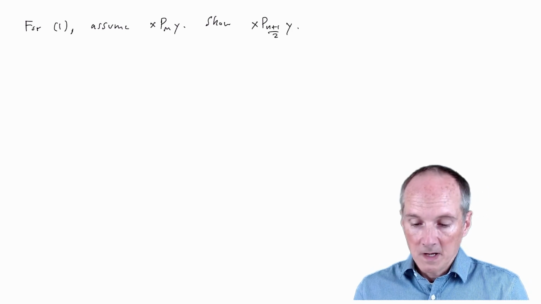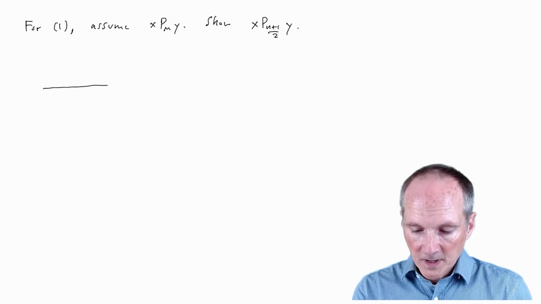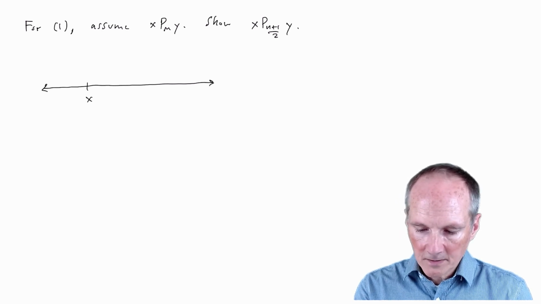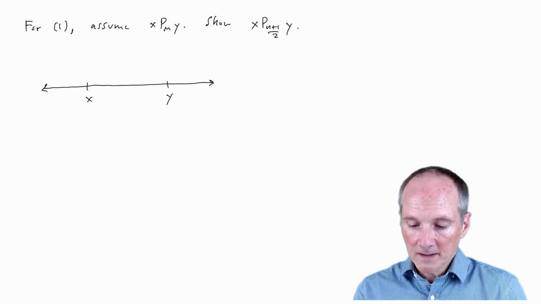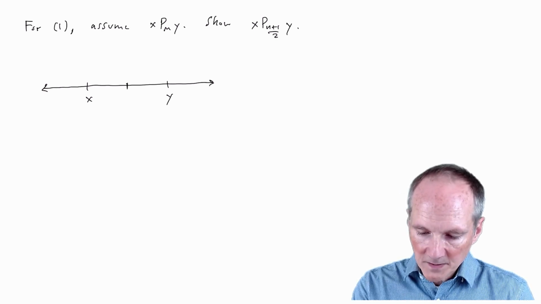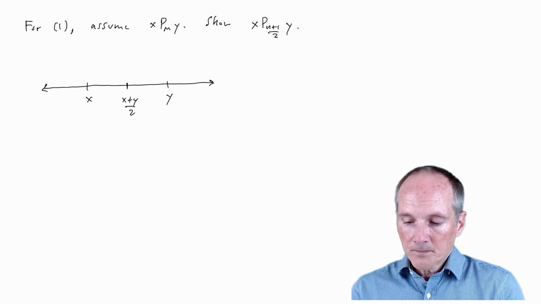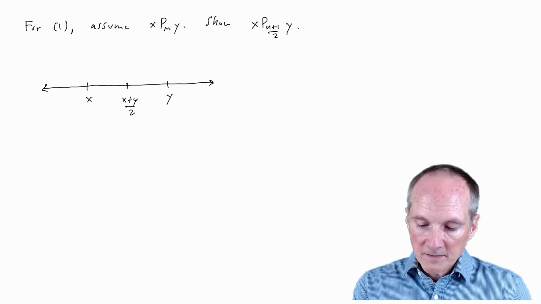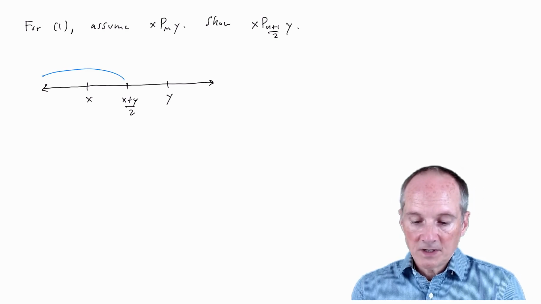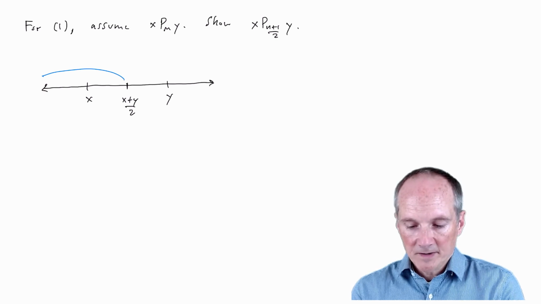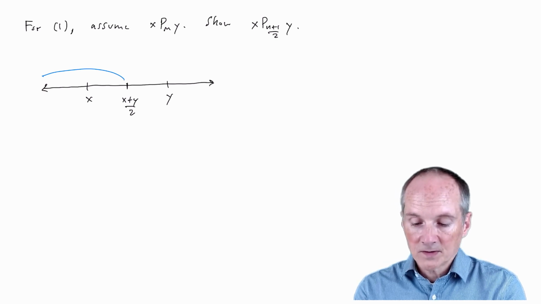Let's draw the real line again, and we'll put X here to the left of Y. Again, that's without loss of generality. And here's the midpoint between the two. We need to show that the median voter prefers X to Y, so we need to show that they're to the left of that midpoint. Okay, that means they're closer to X than they are to Y.